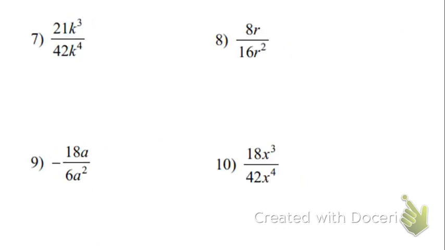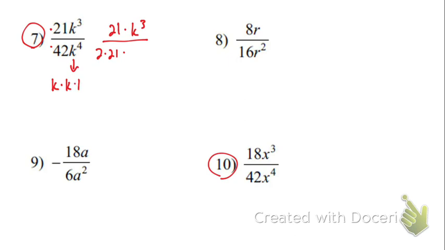Then 2 of these. Let's see here. How about I get in the biggest number? So I'll do 7, and I'll do 10. Why not? So I realized that these are both actually divisible by 21. That's 21, and then k to the third, and this is 2 times 21, and then k to the fourth is the same thing as k times k times k times k.